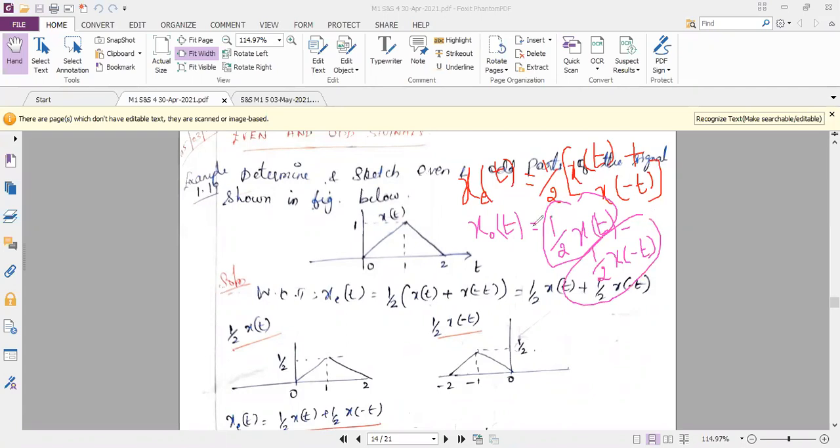When I add these two, I will get the odd signal. So the 1 by 2, which was common in the formula, I am taking inside, so both terms have 1 by 2.